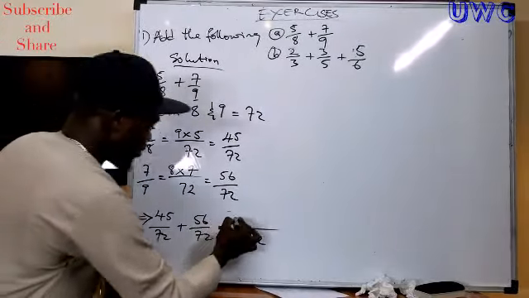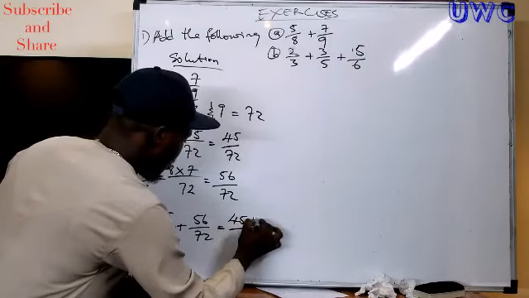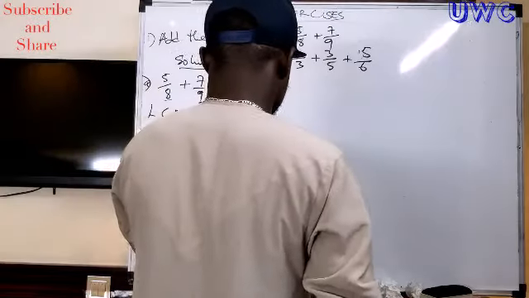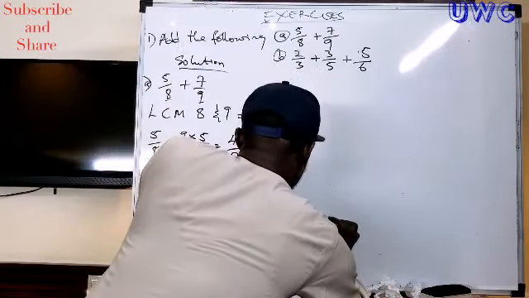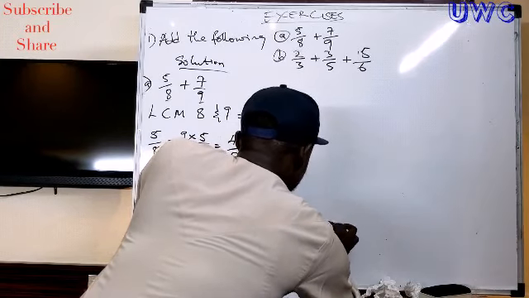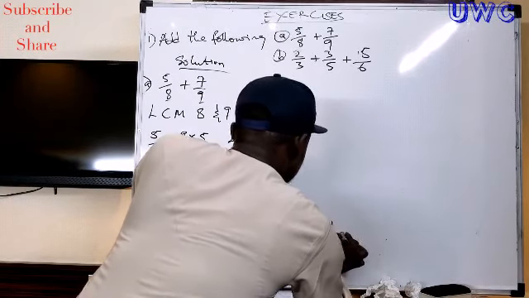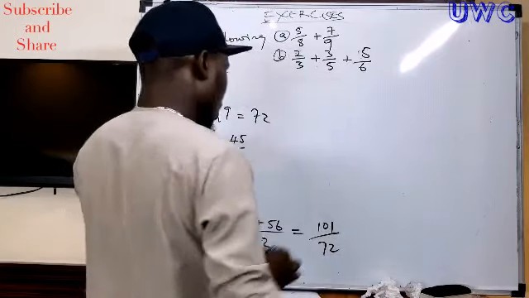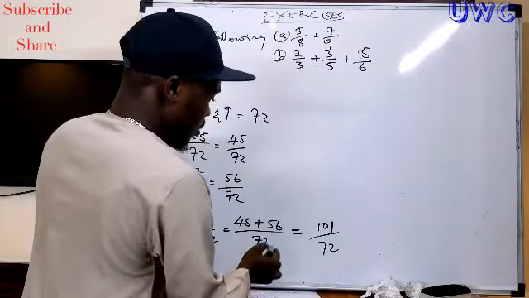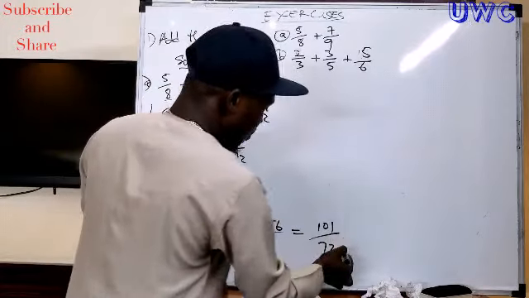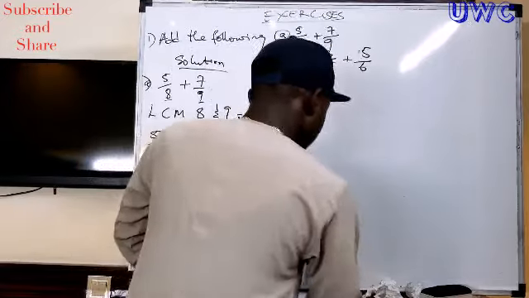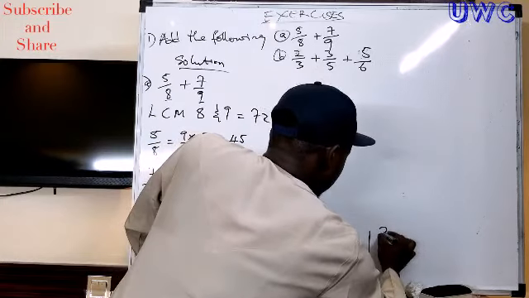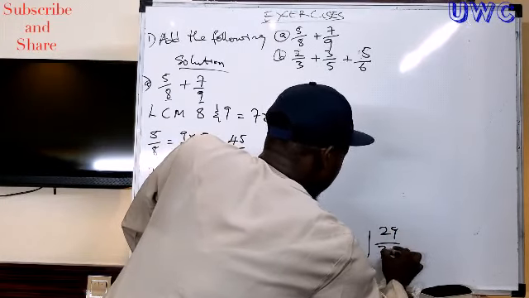We now sum the numerators. 45 plus 56 will give us 101 over 72. 101 over 72 is an improper fraction. To make it a mixed number, 101 divided by 72 will give us one whole number, remainder 29 over 72.